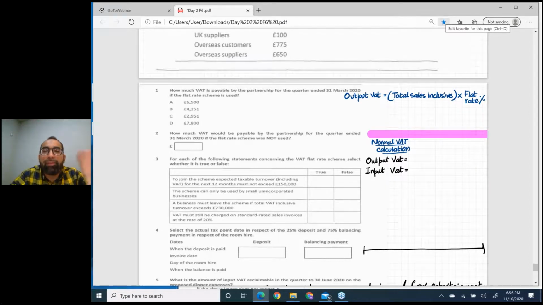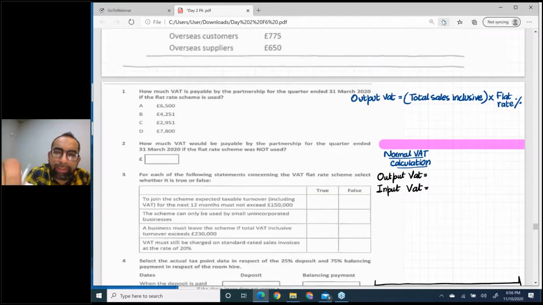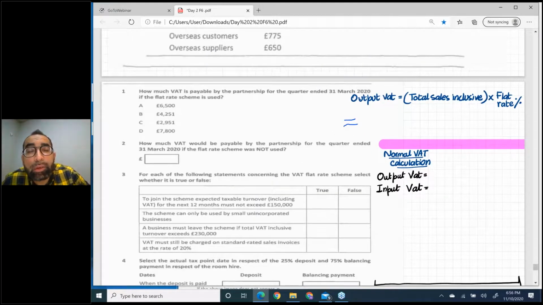And what is the formula for output VAT here? The formula is total sales inclusive of VAT. Total sales means the sum of all sales. So in this question there are only two sales, that is standard rated and exempt. 50 plus 10 is 60,000. Your total sales is 60,000, and thank God it's already inclusive.